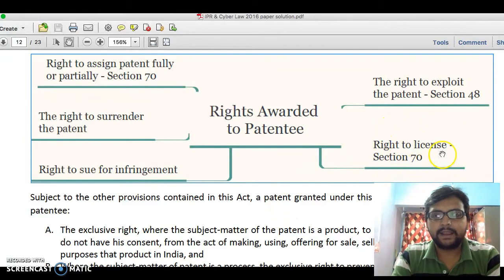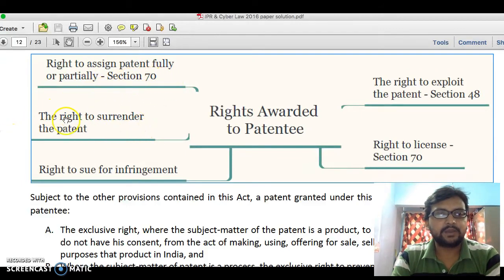Next, I can give a license to use my patent to some other person, and that is defined under section 70 of the Indian Patent Act. In the same way, while assigning, I can fully assign my patent or partially assign my patent or my idea to some other person.